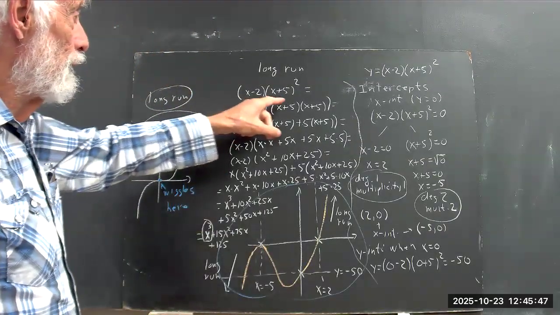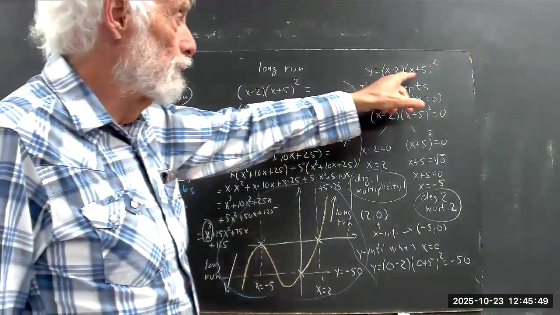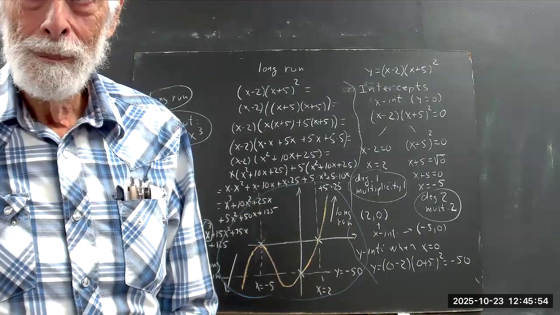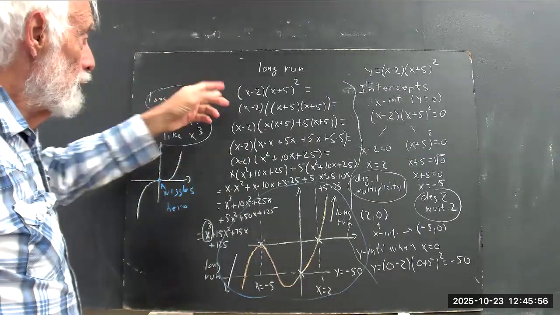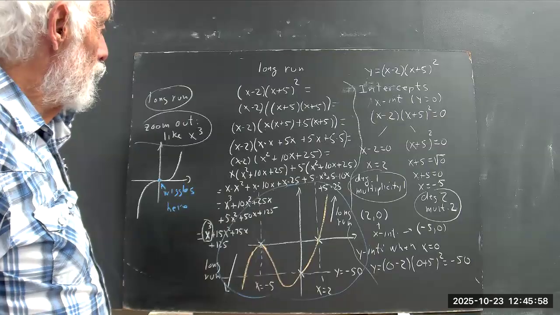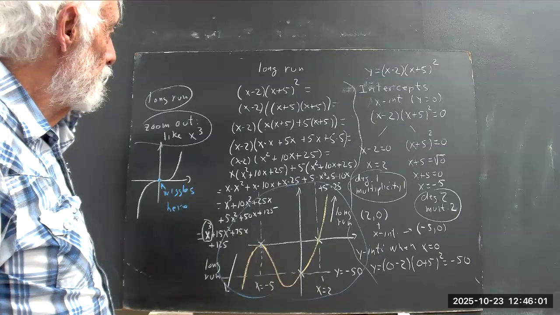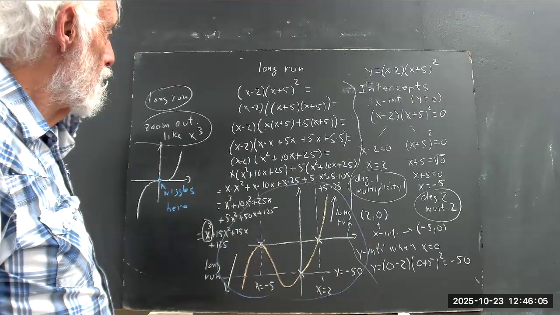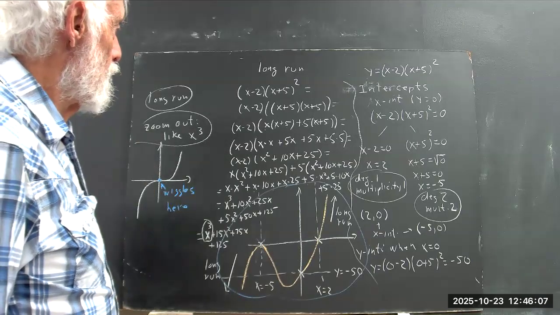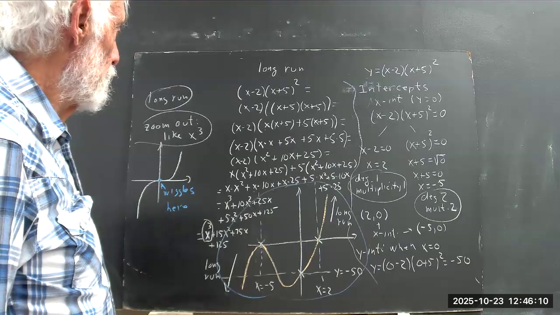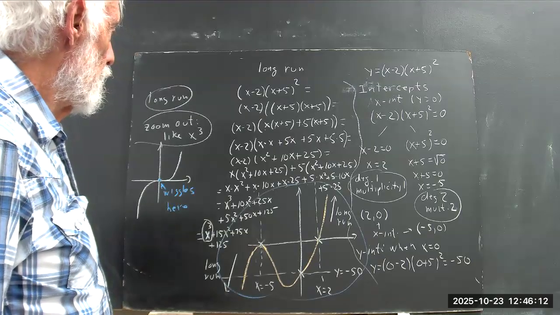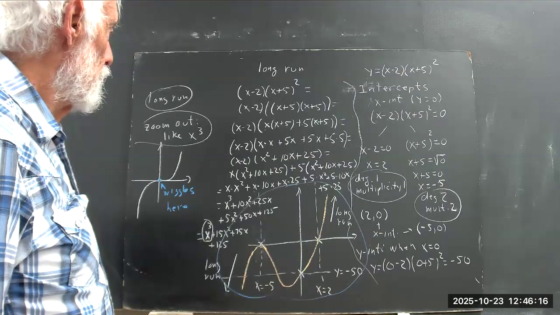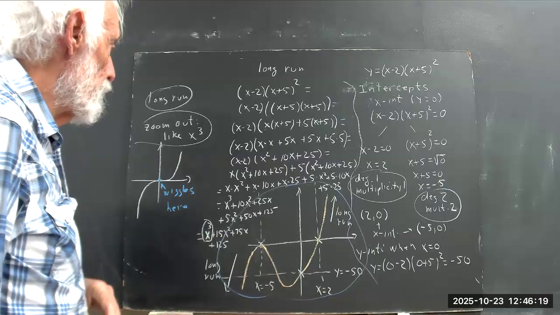Well, first of all, I multiplied out, it is y equals x minus 2 times x plus 5 quantity squared. Okay? Well, I'm using the distributive law. I knew where I messed up. I did something really ignorant. Yeah, there it is. Okay.